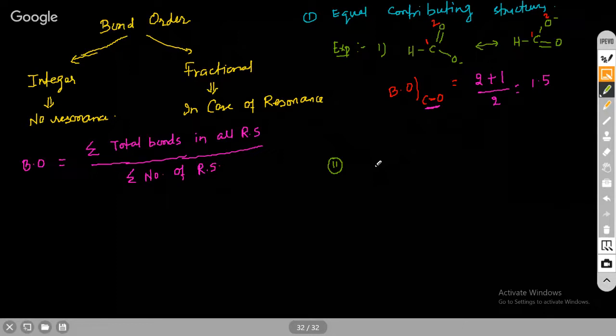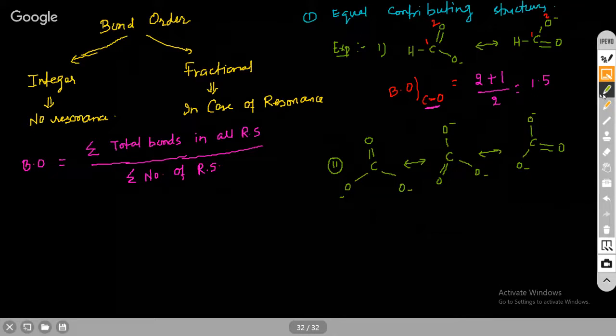Suppose I give you this carbonate ion, that is C double bond O, O minus, O minus, and you can easily draw the three different structures of this. Okay, these are the three different structures we have.